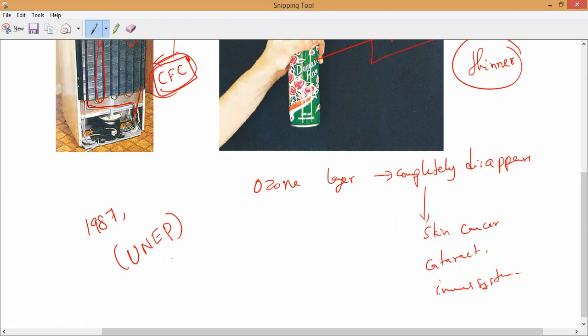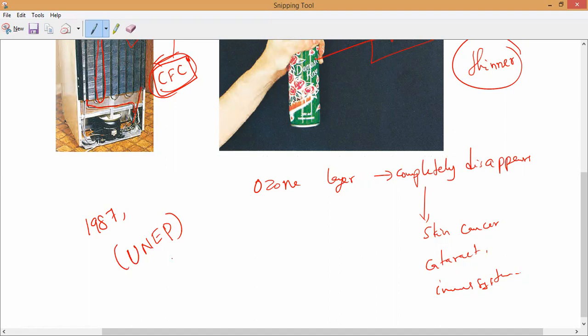Freeze in the sense that we are not supposed to produce CFC, and we have to find alternative methods to use as a coolant. Even now most refrigerators still use CFC, but we are still searching for alternative chemicals that can serve as a coolant instead of CFC.